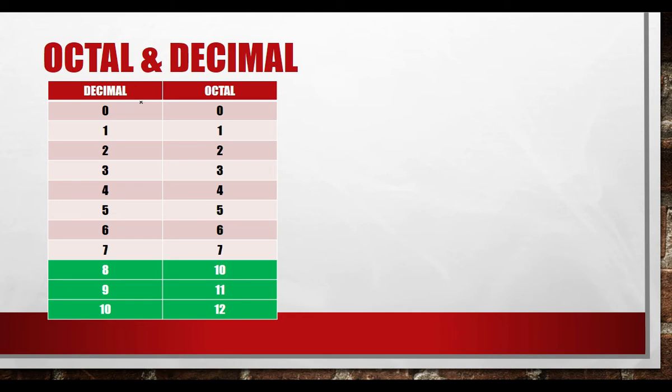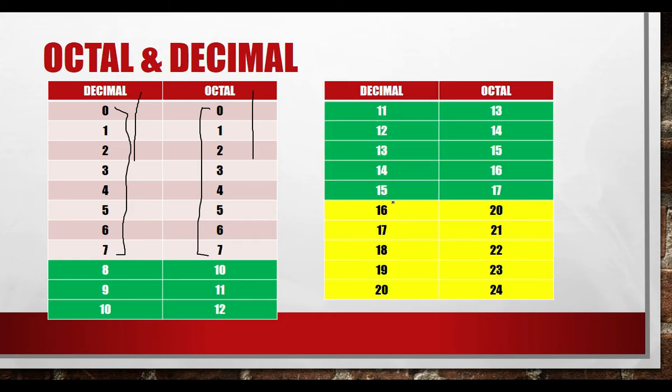So on this table, we have two columns, the column for decimal numbers and the column for octal numbers. Decimal numbers 0 to 7 are the same as octal numbers 0 to 7. However, after reaching 8 in decimal, in octal it becomes 10, and it will continue until 15 in decimal.